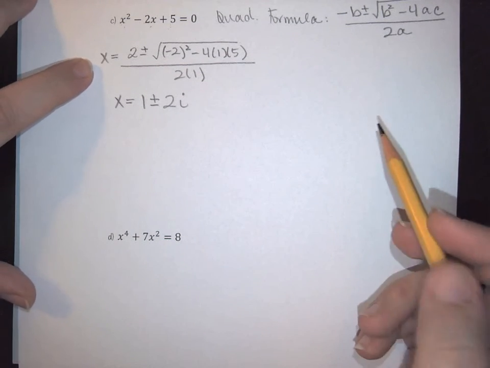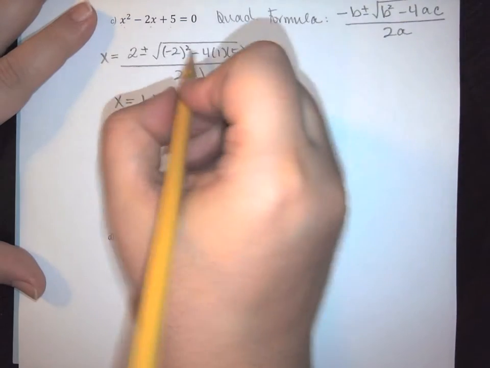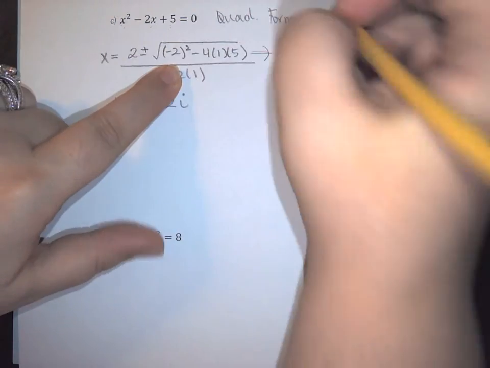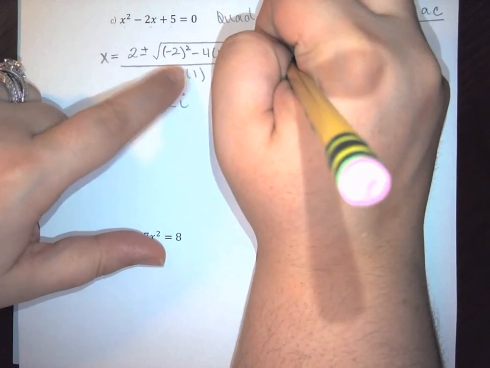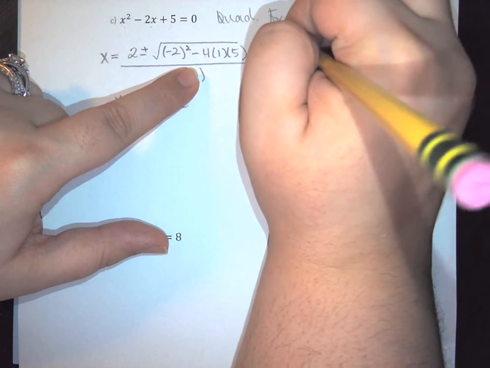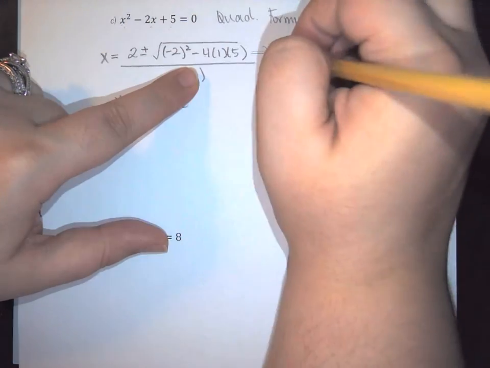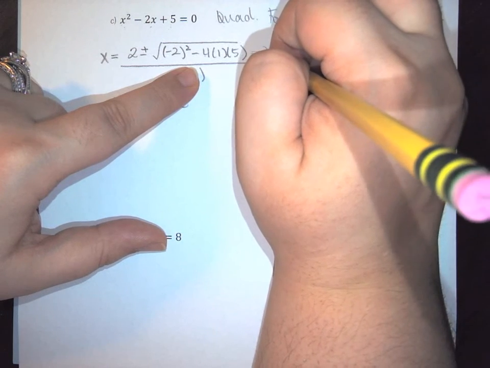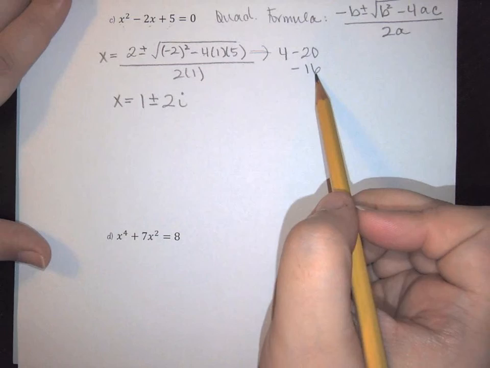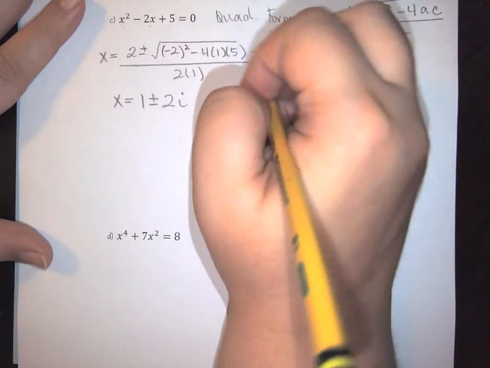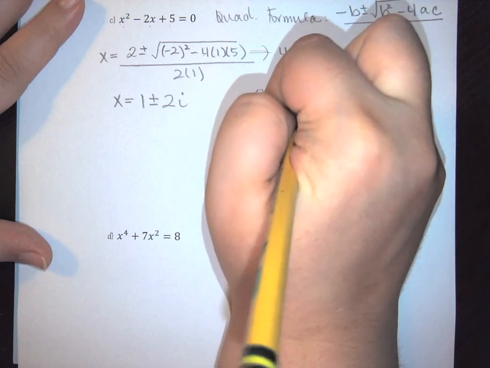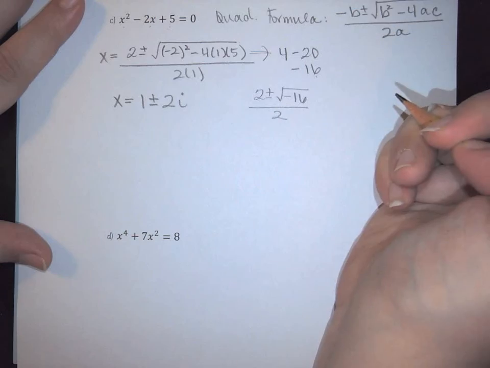Now, just in case you need a quick mini refresher, under the radical here, negative 2 squared is going to give you 4. 4 times 5 is 20, so this is minus 20. 4 minus 20 gives you negative 16. So you end up getting 2 plus or minus the square root of negative 16 all over 2.